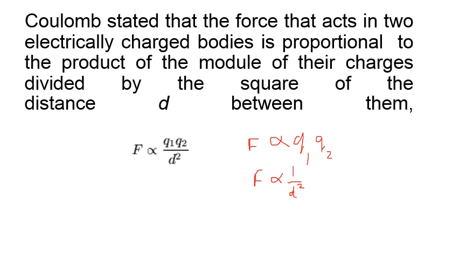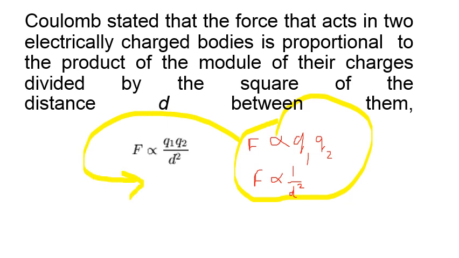If you combine these two, then you will get the result: F is proportional to Q1 Q2 over d square. Obviously, if you change this proportionality sign to an equal sign, then you will observe one proportionality constant, that is called k here.